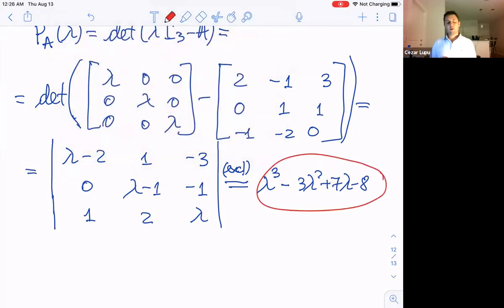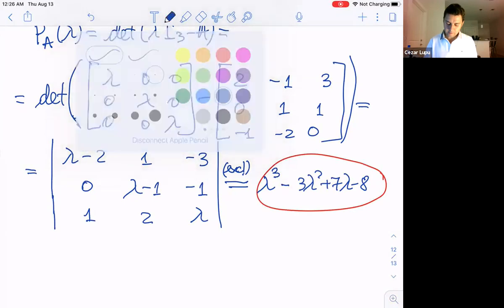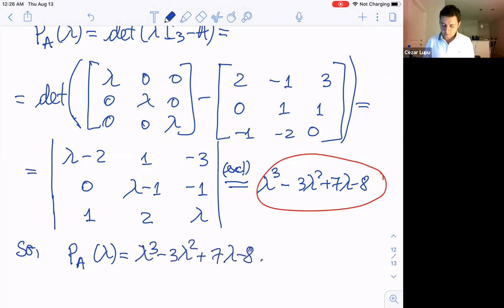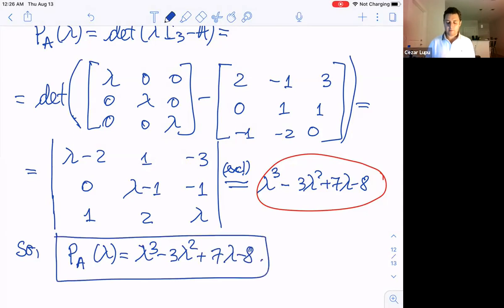And now we know one thing here. Let's write it again. It's a degree 3 polynomial, as you might expect. Okay, this is the characteristic polynomial.